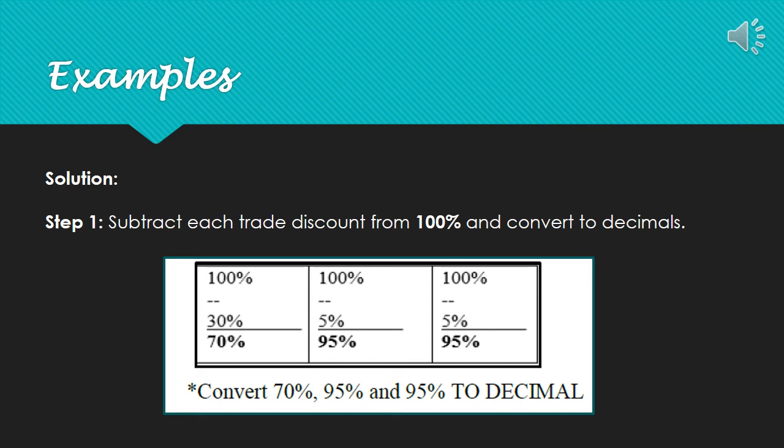So, 100% minus 30, we get 70%. So, next, discount 5%. So, 100 minus 5, 95%. Last is still 5%. So, we still get 95%. So, sabi dito, convert 70%, 95%, and 95% to decimal. So, we'll have 0.70, 0.95, and another 0.95.